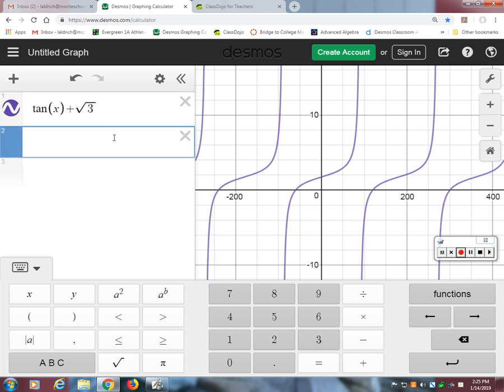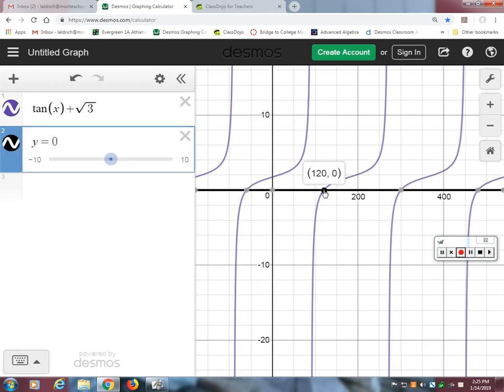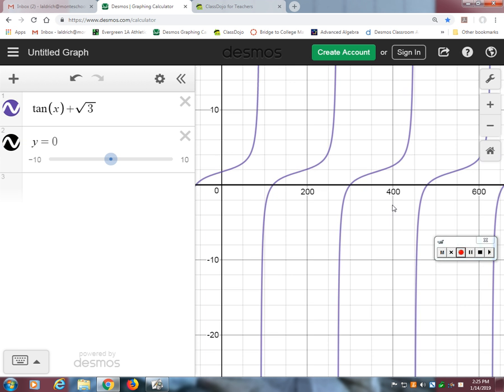And we want to know where does that equal 0. In other words, where do these lines cross? And so our first answer was 120, right? And then the next answer was 300. And the next answer was 480. Okay, so that's where the graph is crossing the line y equals 0.